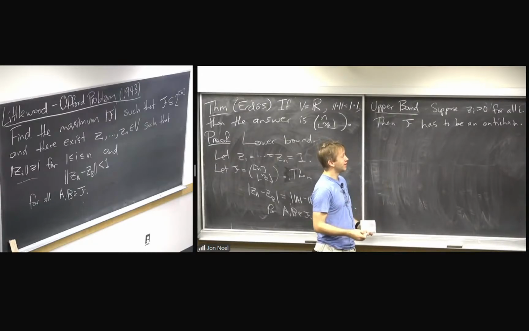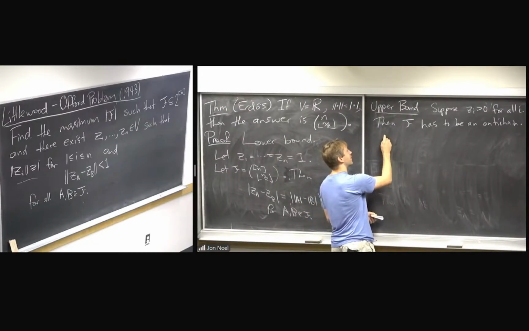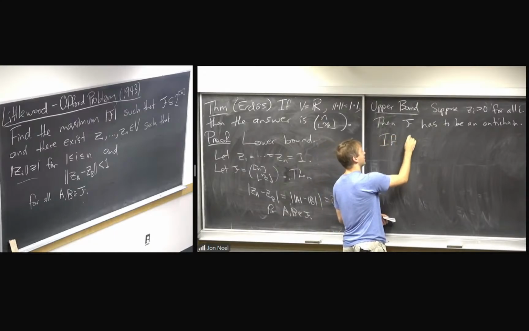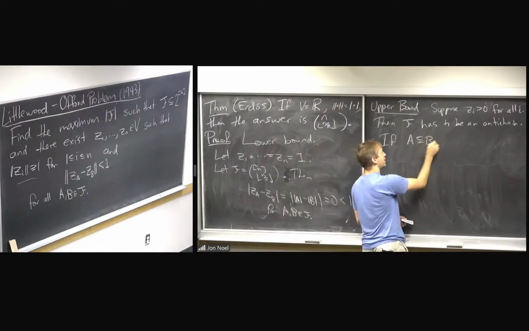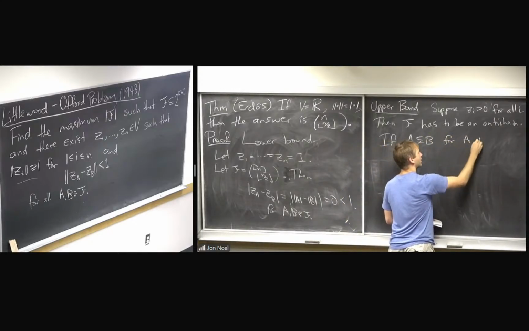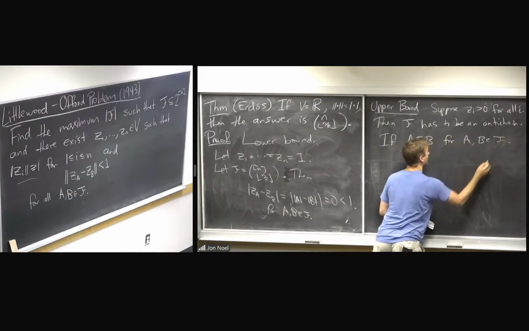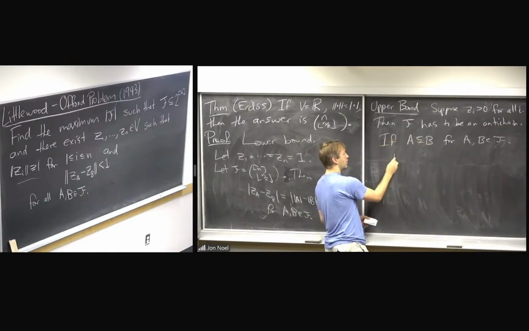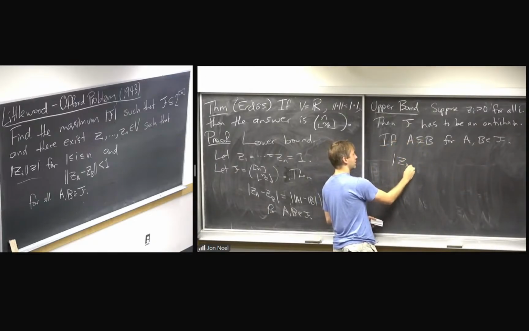So just to write that formally. If you had A a strict subset of B, what would this thing be?